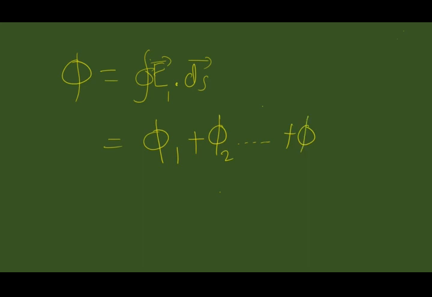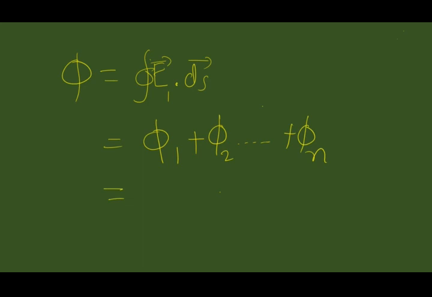The first one is nothing but the surface integral of E1 dot ds, that is nothing but the flux due to charge q1 alone, phi 1, plus similarly phi 2, plus so on, the flux due to the nth charge, phi n.